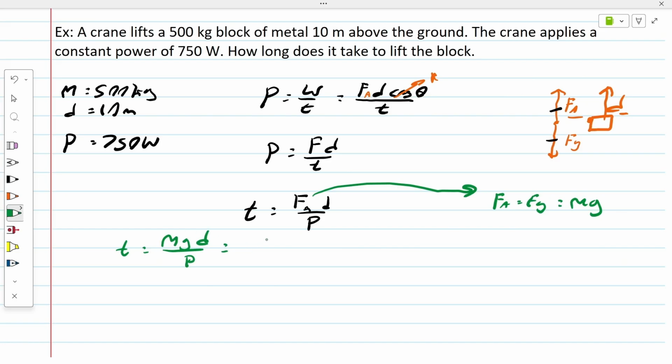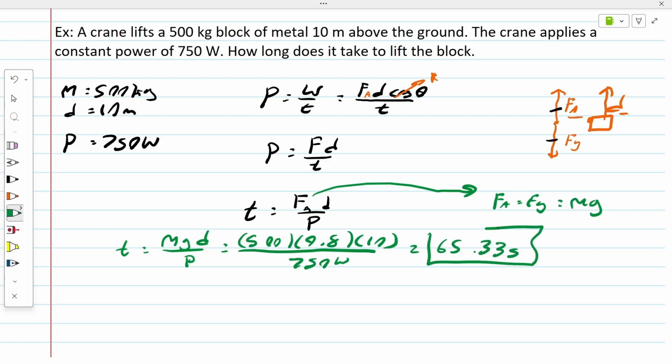So we have the mass, we have gravity, we have the distance, and we have the power. Okay, and if we plug this into a calculator, we get that the time it took was 65.33 seconds, and that'll be our final answer.